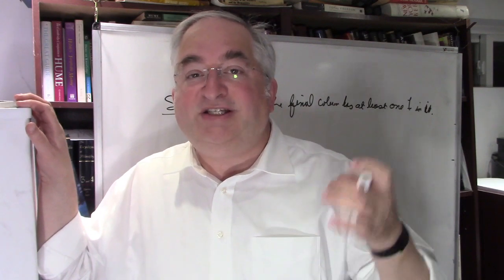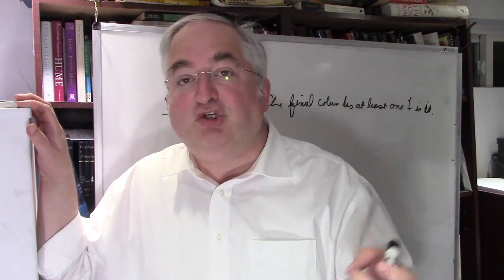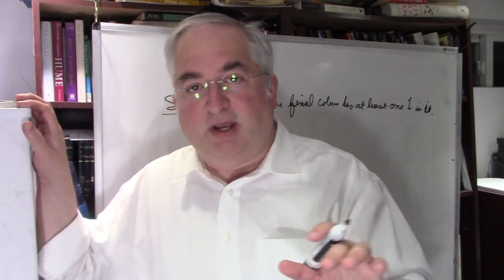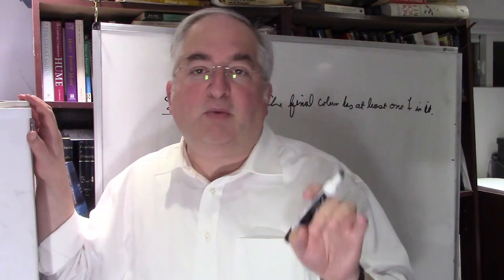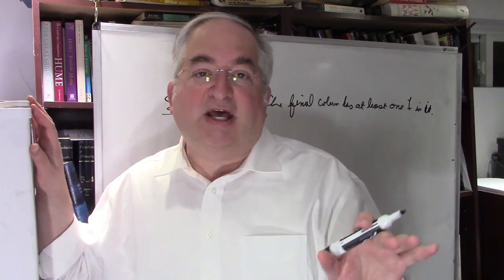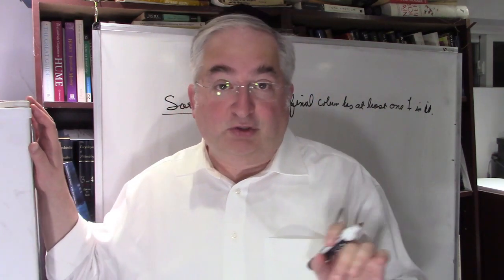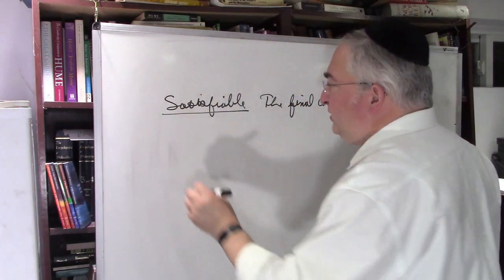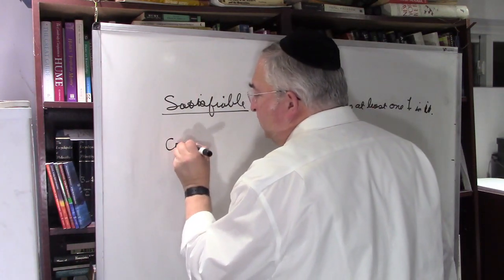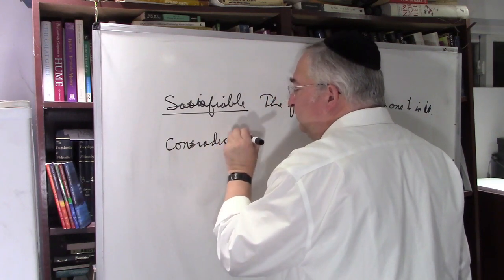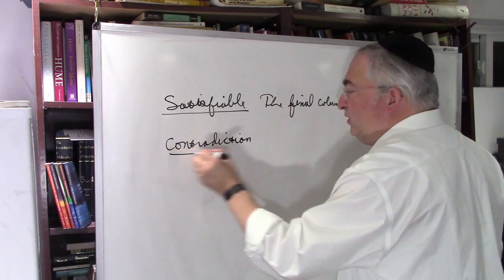If you can satisfy that formula, if you can make it true, then it's called satisfiable. Every single truth table that we had so far has been satisfiable. There's been at least one 1 on them. There's some way to make it true. In contrast to that, we have something called a contradiction. What's a contradiction?